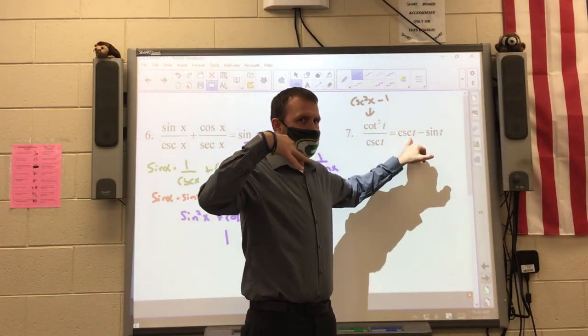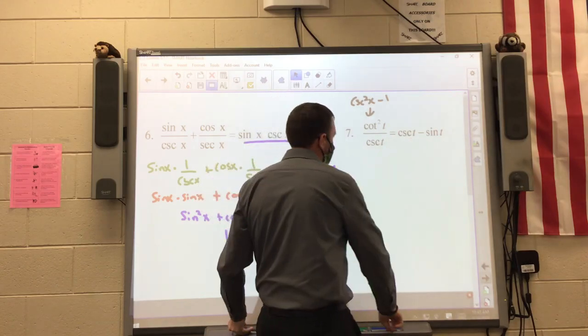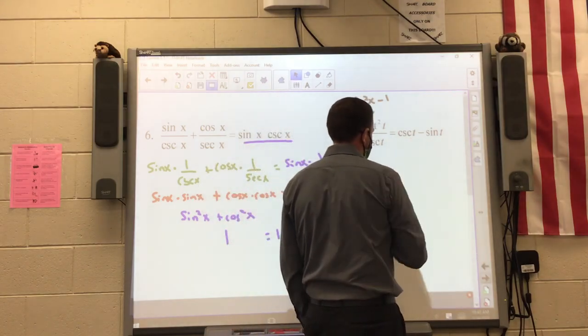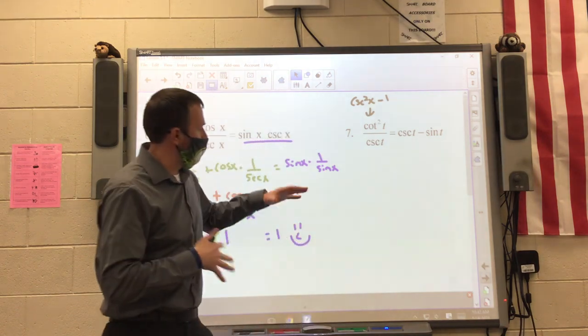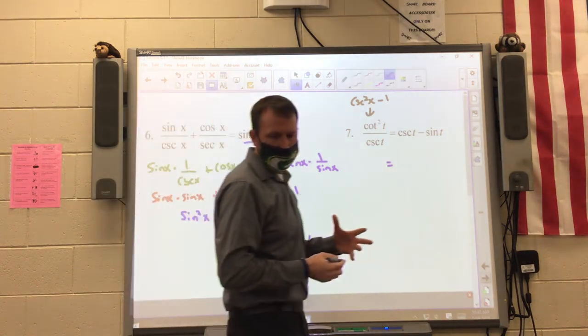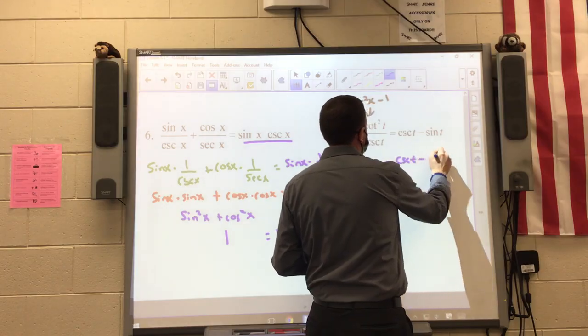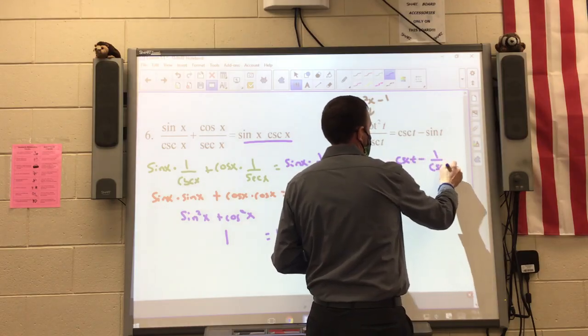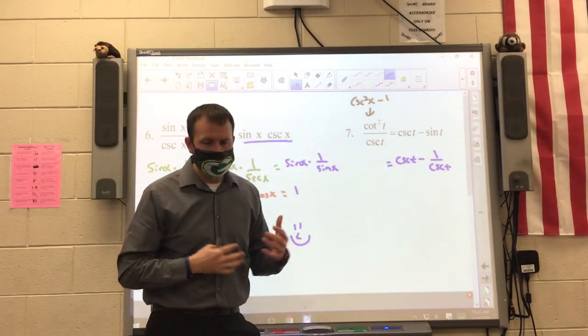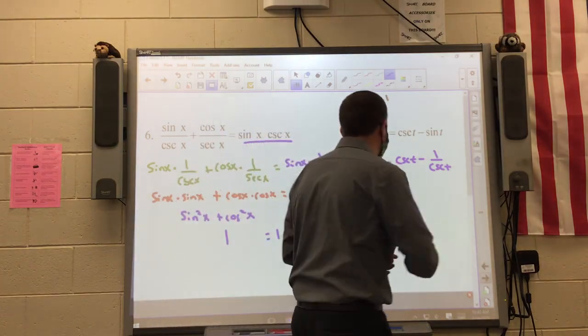So trying to recognize some of these things as we're working takes some time, but if we know the identities, hopefully that will help us. So I'm going to rewrite sine in this particular case as 1 over cosecant, because I'm trying to get it to be cosecant.